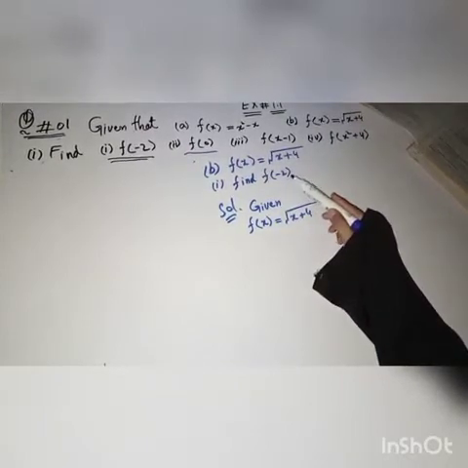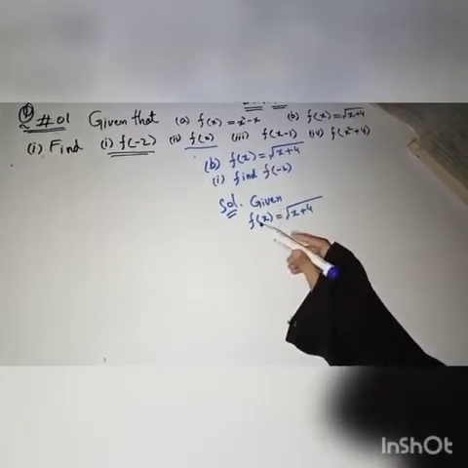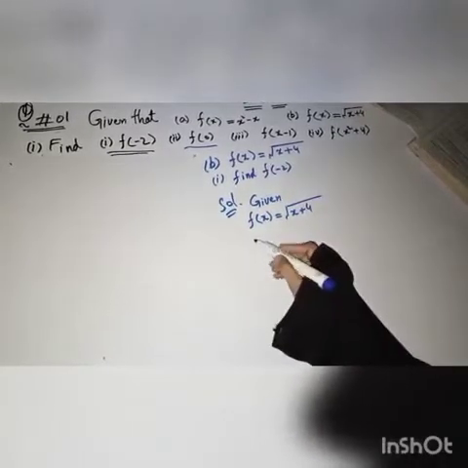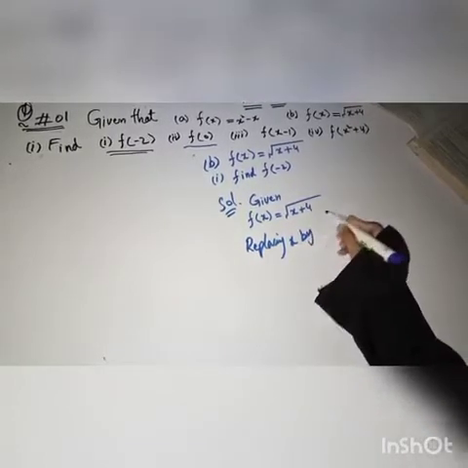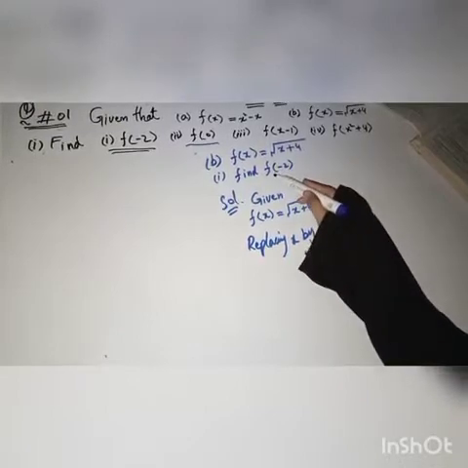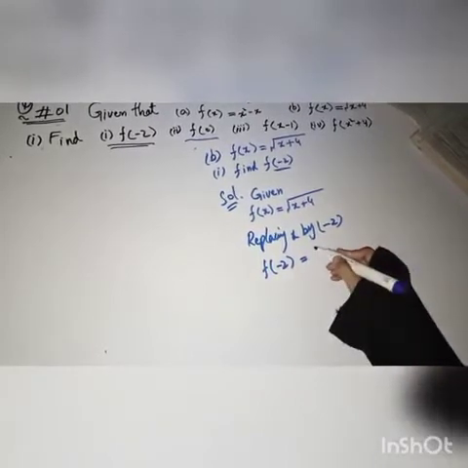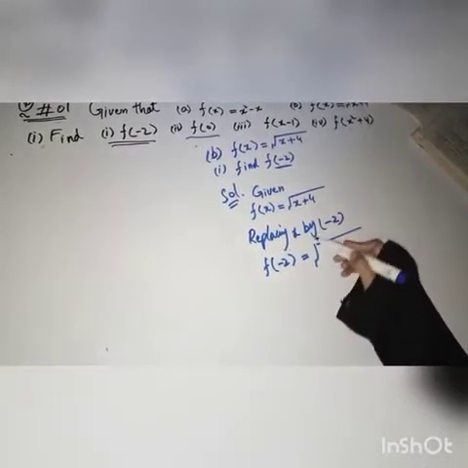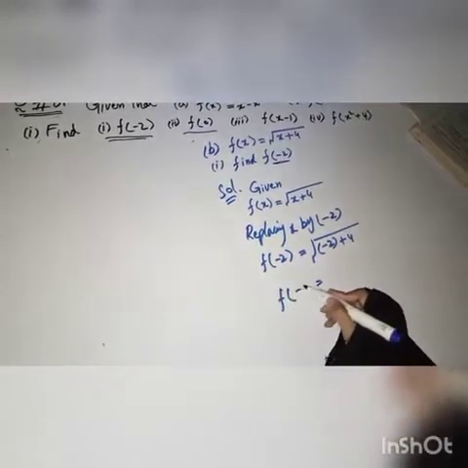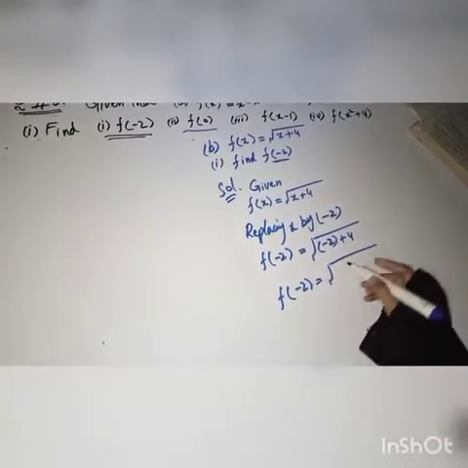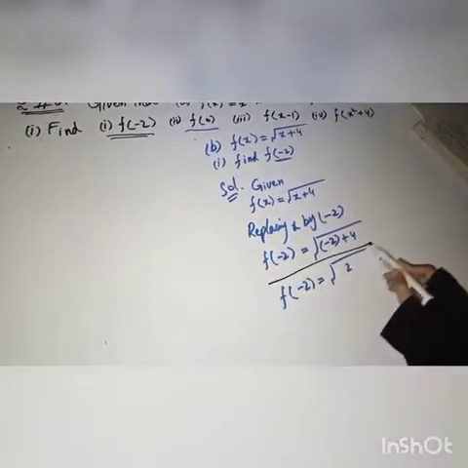Wherever x appears, we have to put -2, this is our solution. Solution: first of all write in solution given term f of x is equal to under root x plus 4. Now replacing x by this term -2, f of -2 is equal to under root term as it is, -2 plus 4, f of -2 is equal to under root 2. This is our required answer, required solution.